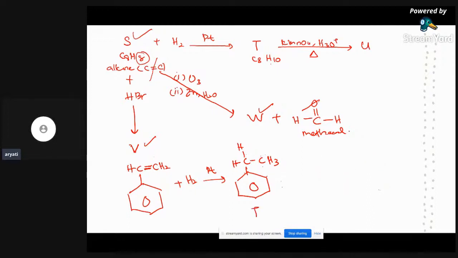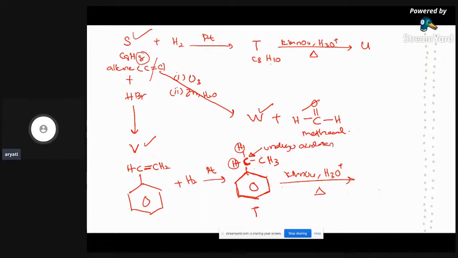T bila react dengan kalium permanganate followed by hydrolysis, heat. Okay, ini ialah tindak balas oxidation untuk alkyl group, substituen yang terikat dengan benzena. So pada carbon ni, yang terikat dengan benzena ni ada 2 atom H, so means this carbon can undergo oxidation.